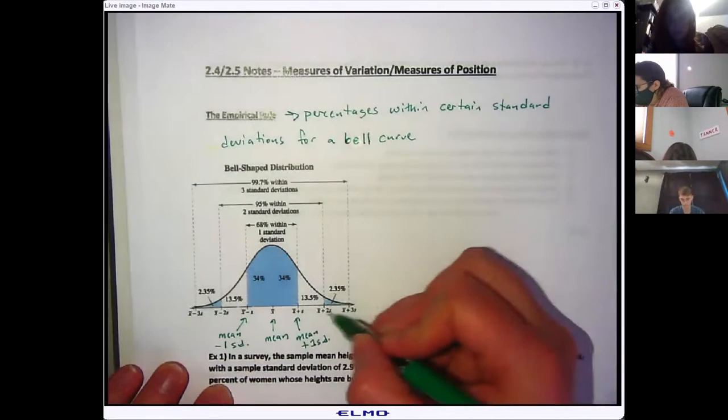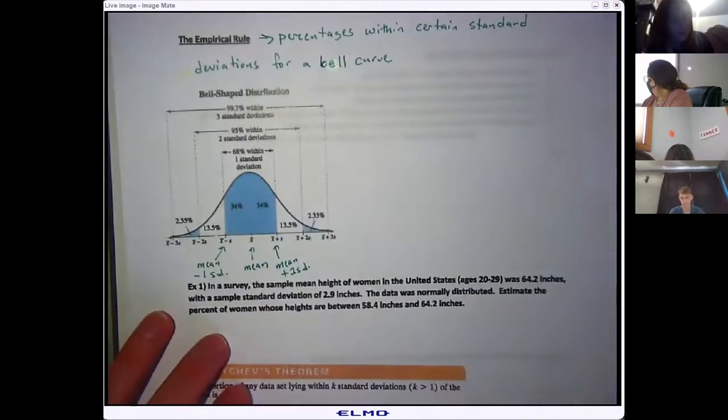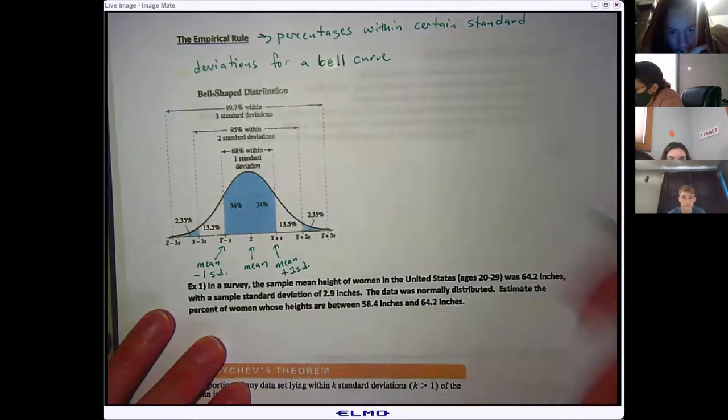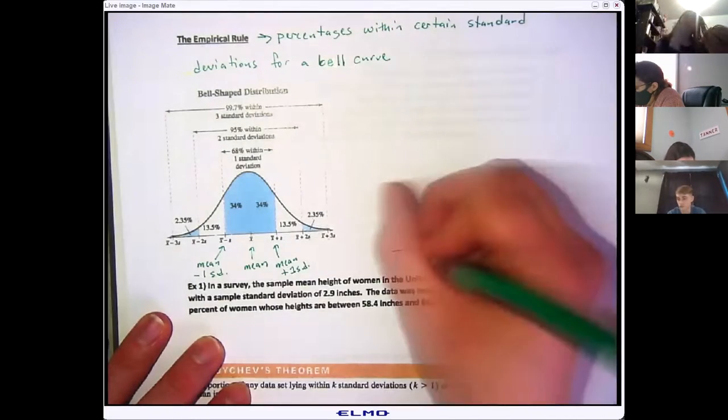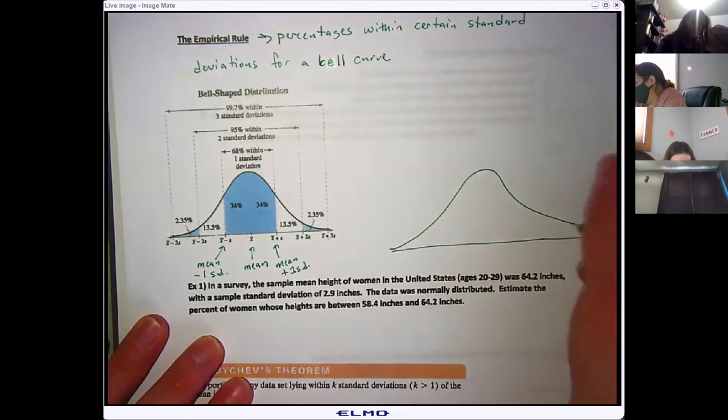So this is +2, this is +3, this is -2, -3. And it just tells you where everything is. So for example 1 says, in a survey, the sample mean height of women in the United States was 64.2 inches. And by the way, a bell distribution is also called a normal distribution.